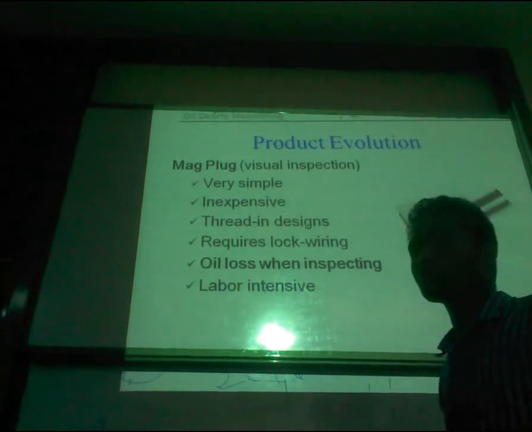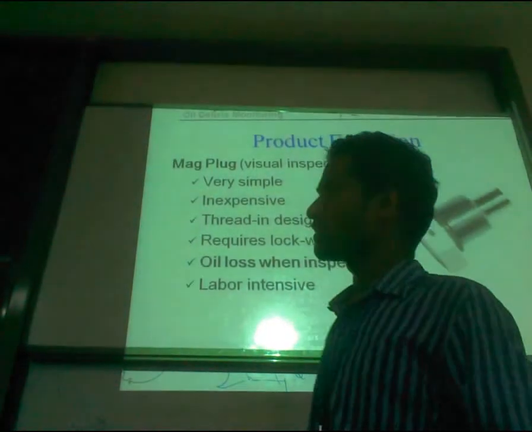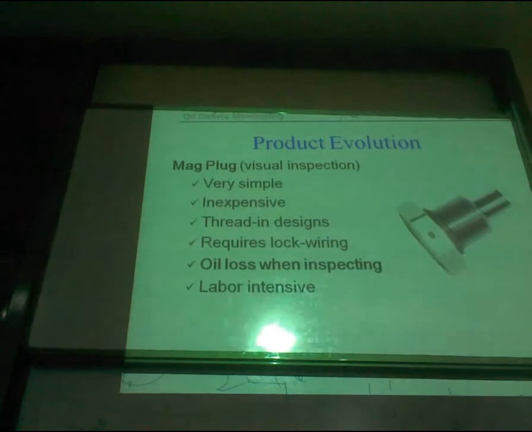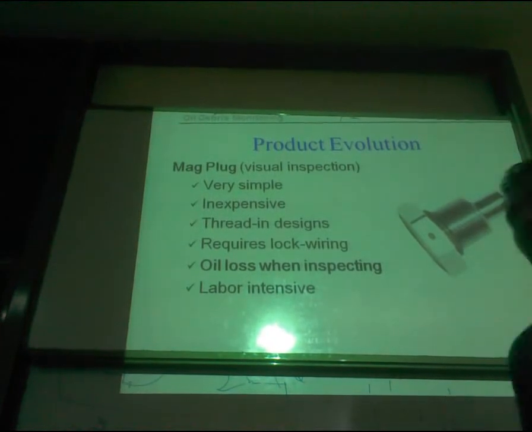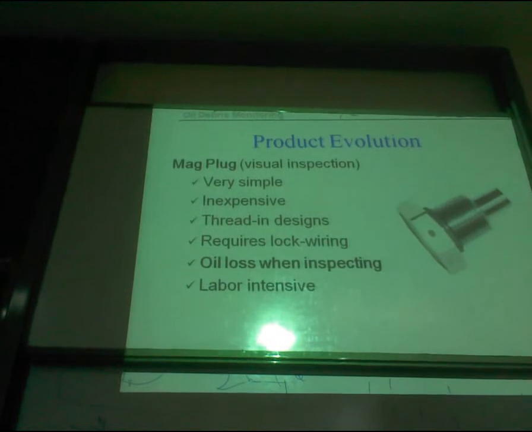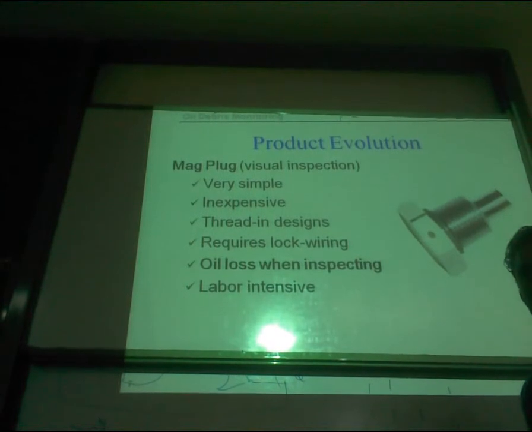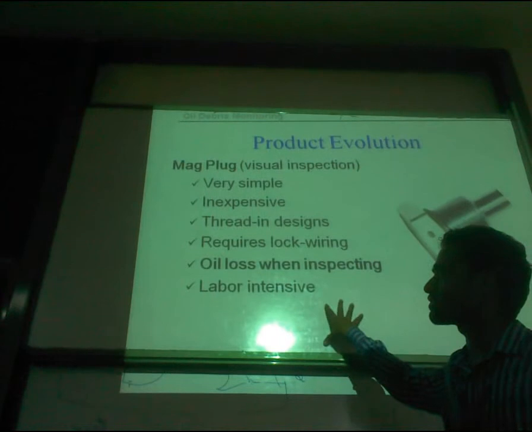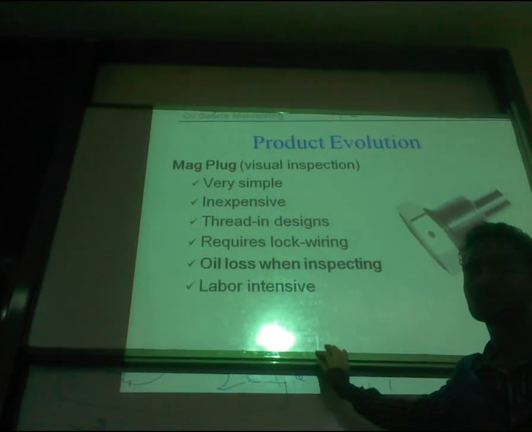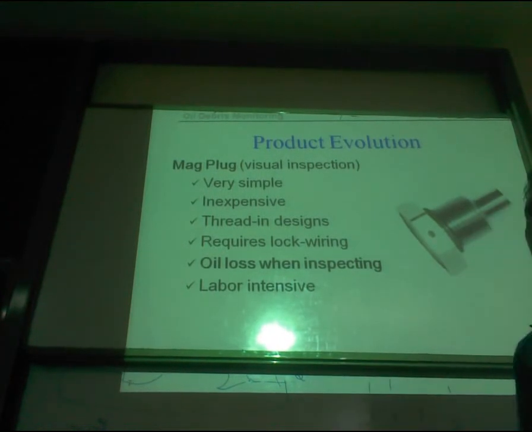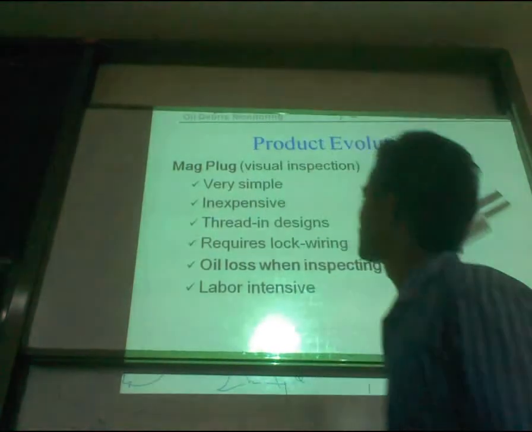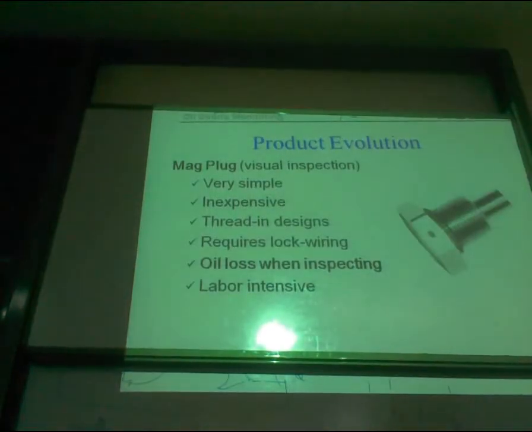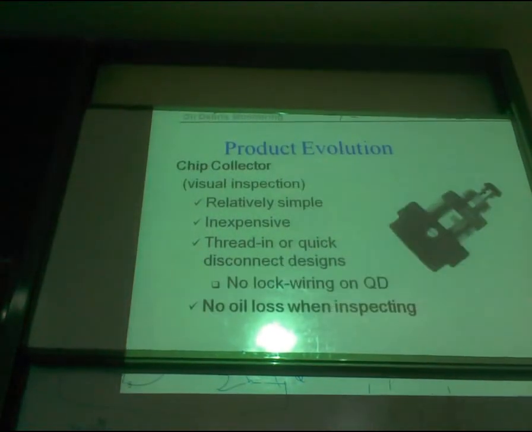The main disadvantage is that there is oil loss during inspection, because we have to take the sensor out of the oil line every time and count the debris manually. It is also labor intensive. So we are not using this magnetic plug.